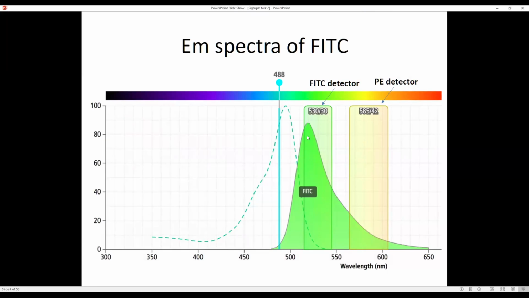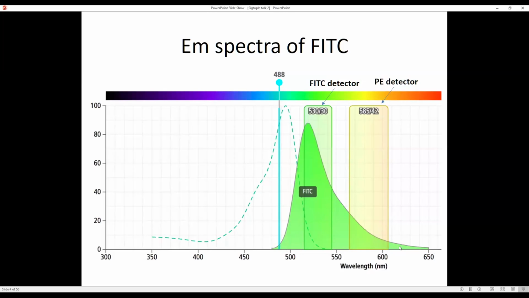This emitted light is called emission spectrum because it is not one single wavelength. It is a spectrum of light which is getting liberated from the FITC molecule. So for example, if I would say 480 to 650 nanometer is the spectrum of light which is getting released by FITC. Okay, so this is called emission spectrum.